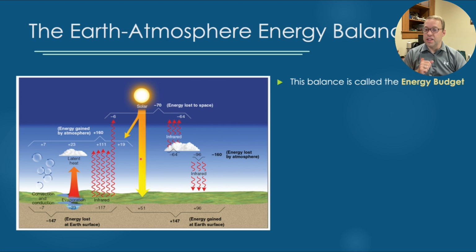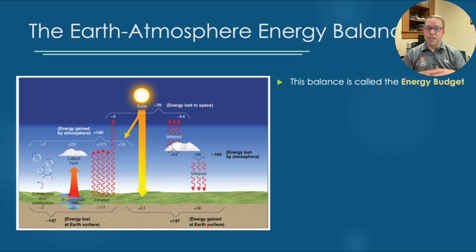The other 70% comes down and is either absorbed by the atmosphere or reaches the surface. While this is happening, the surface of the Earth is also emitting radiation, some of which gets absorbed by the atmosphere, some of which makes it all the way out to space. The atmosphere itself is also emitting radiation, some of which goes out to space, some of which goes back to the surface of the Earth.